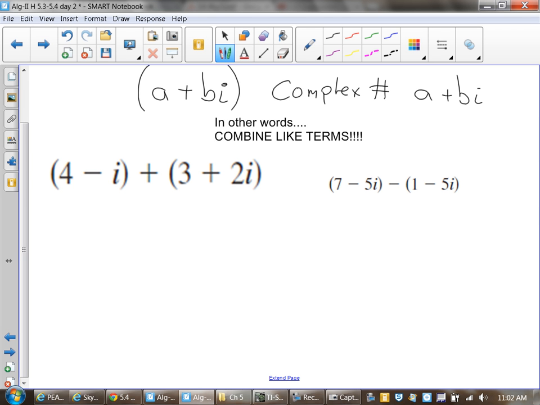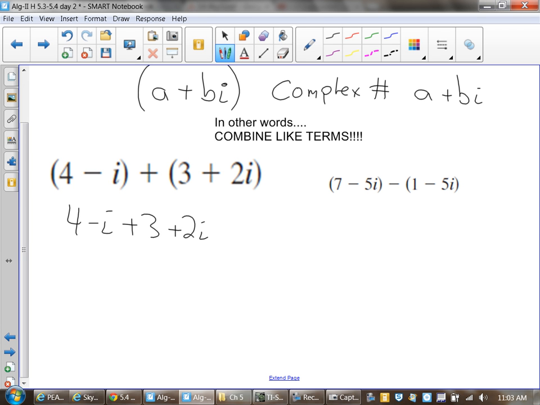If it's an addition problem, I want you to rewrite it without them. Because from here, all you're doing is combining like terms.